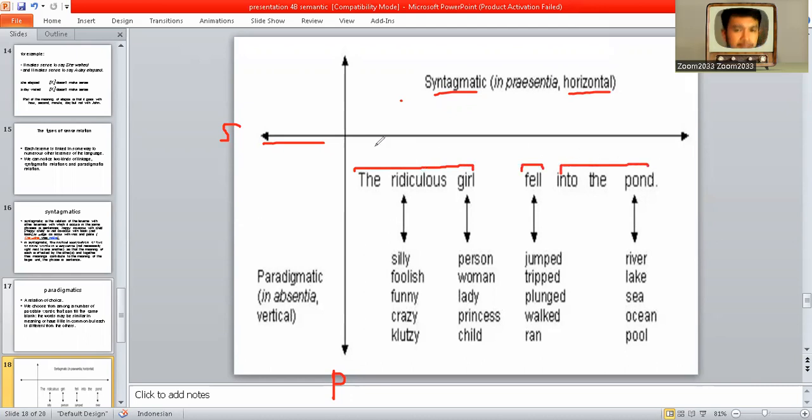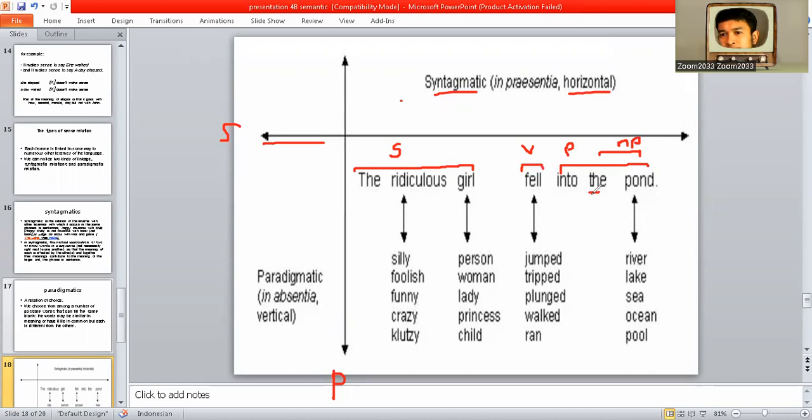We can find that the syntagmatic structure of this sentence is subject, verb, and then a preposition plus noun phrase. We have this noun phrase and the noun.